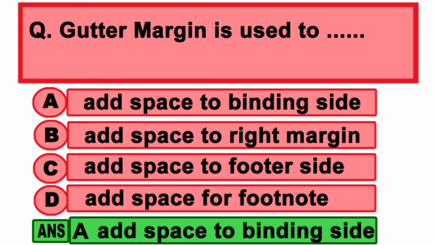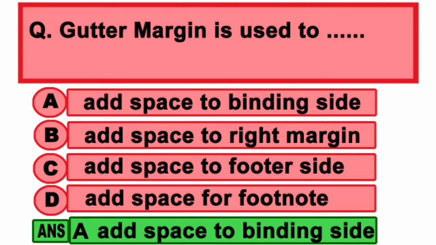Let's see the meaning and use of gutter margin, footer note and footnote. A gutter margin adds extra space to the side, top margin or inside margins of a document you plan to bind. A footer is the bottom margin of each page.